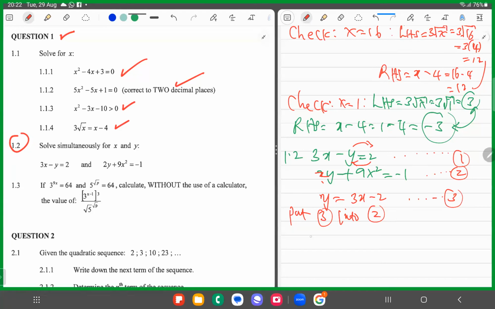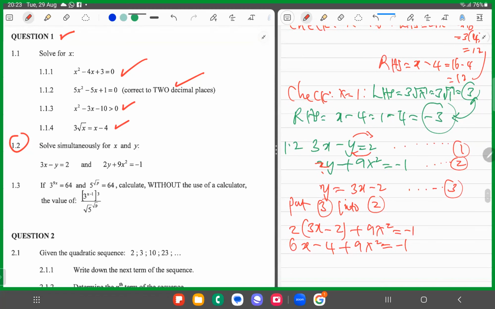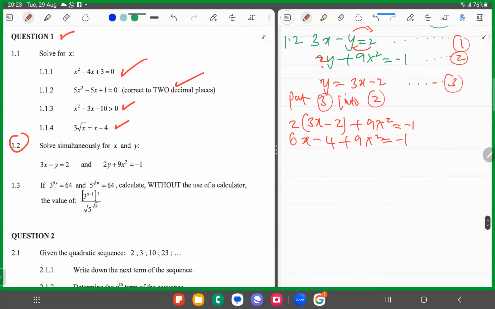Right, so if that is the case, then you have 2 into 3x minus 2 plus 9x squared equals minus 1. So this is exactly 6x minus 4 plus 9x squared is equal to minus 1. What is this?